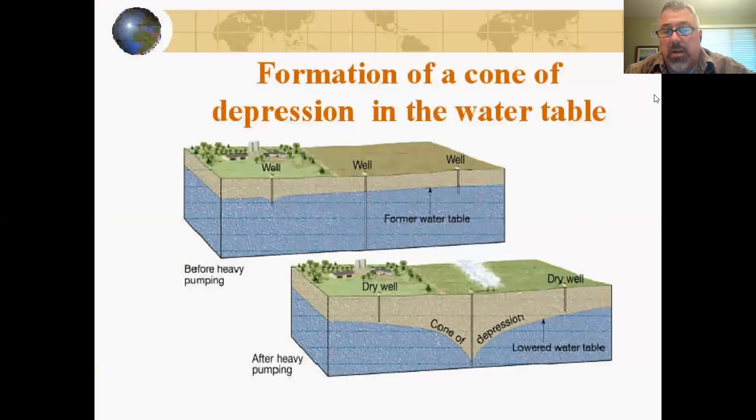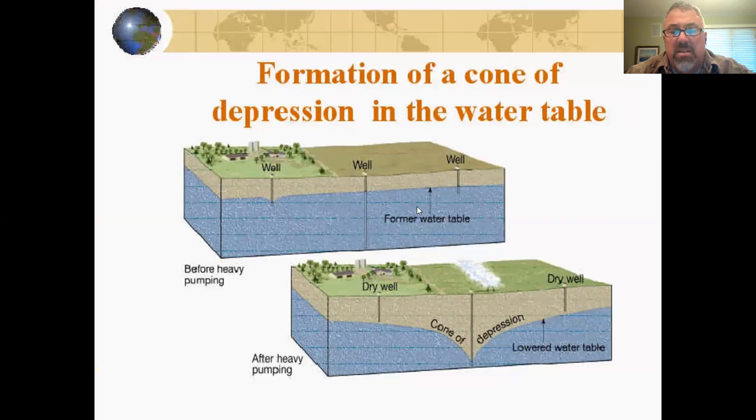So as I was talking about here, if we look at this well right here and this well right here, this person or this community is drawing a lot of water, and you see this cone of depression. Didn't affect this well, didn't affect this well.